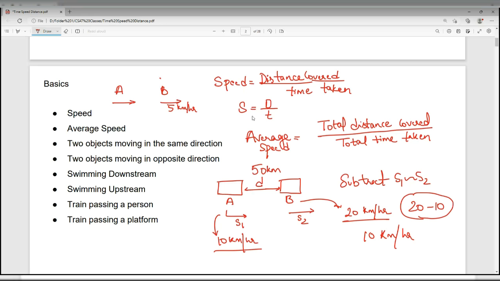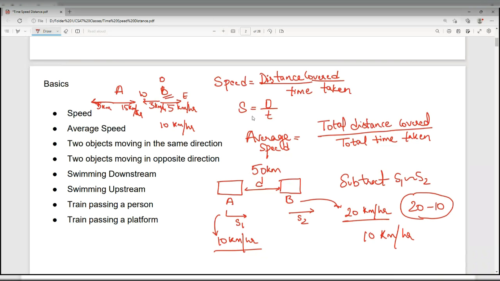To stop B, I have to add another vector here, that is 5 kilometers per hour to the west. When you add this side and this side, it becomes zero. So it's almost like B is in standstill. But if we are adding this vector to this value, we have to add the same value to A also, 5 km per hour. So if A is moving at 15 kilometers per hour, the effective speed will be 15 minus 5, that is 10 kilometers per hour.